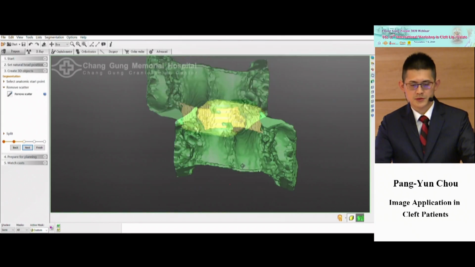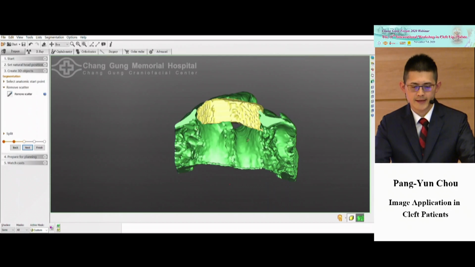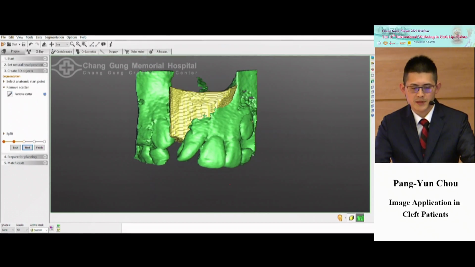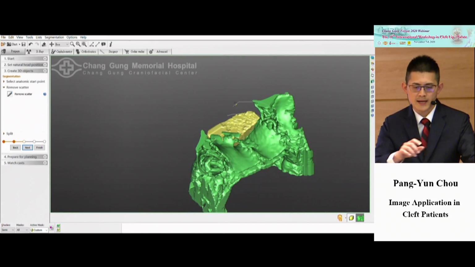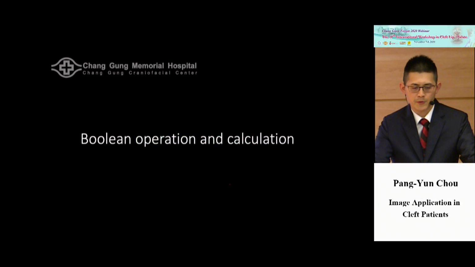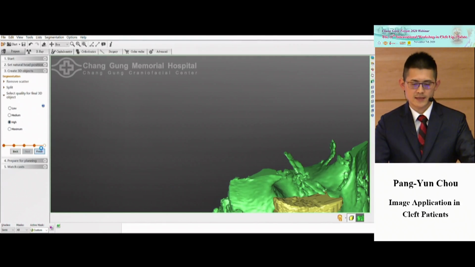This is the posterior side, and we remove it. And the superior side, we connect to the lateral side and the anterior nasal spine, and we use a Boolean operation, and finally calculate the real volume.